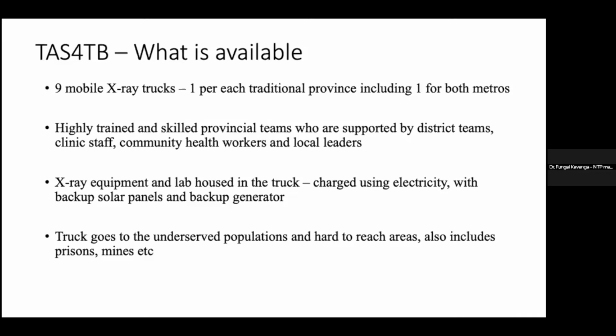So these trucks have an X-ray machine and a laboratory equipped with a GeneXpert machine. So we use electric power to charge the power units. We also have solar backup as well as a backup generator if there's need.